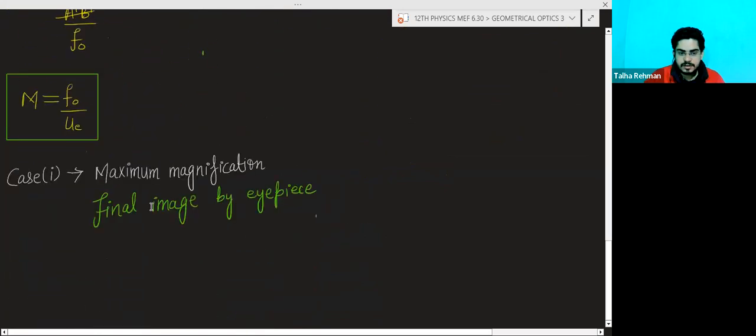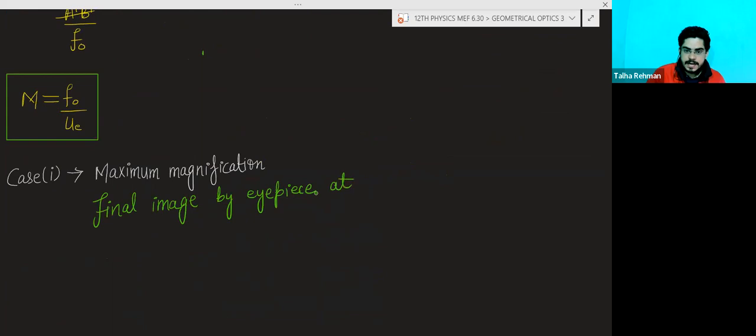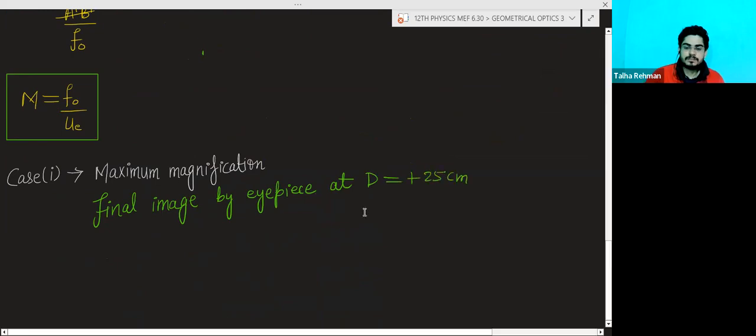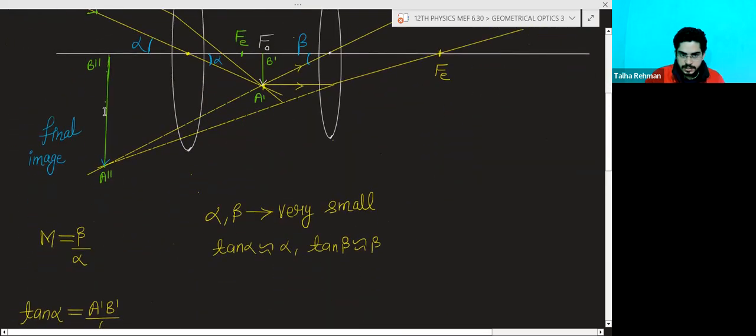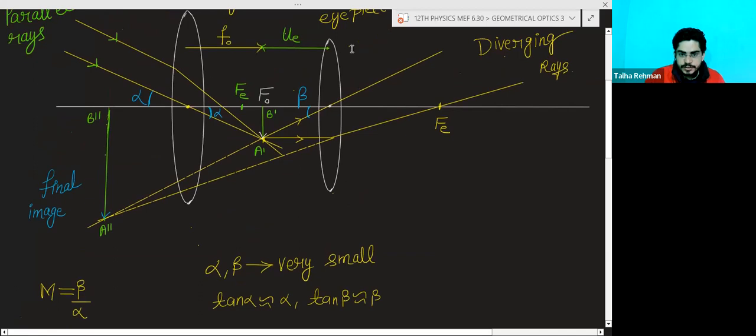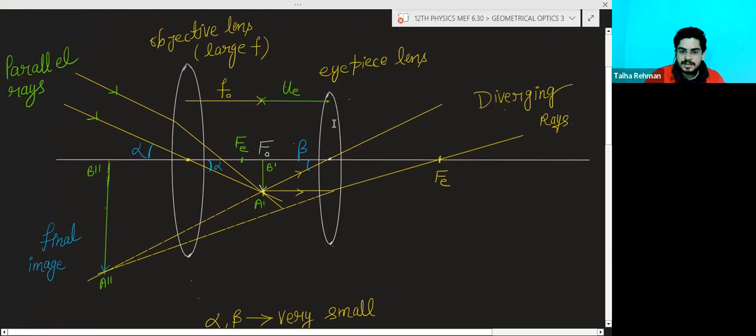That is why I am writing final image by eyepiece at D. Okay, and what is D? That is equal to 25 centimeter. It can be negative also. So you can say that this is a condition: this image is at a distance of 25 centimeter from this eyepiece lens.